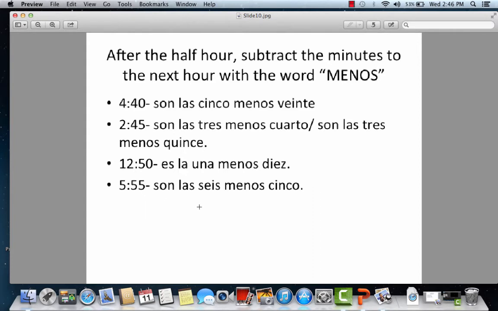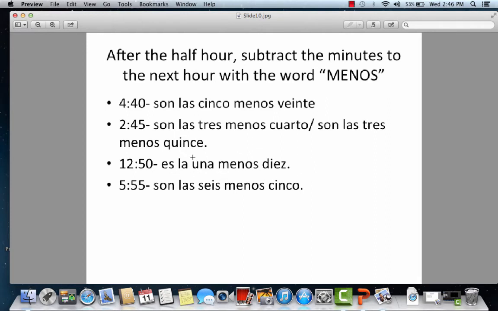For example, I'm going to start here. 5 till 6. Son las 6 menos 5. 10 till 1. Es la 1 menos 10.